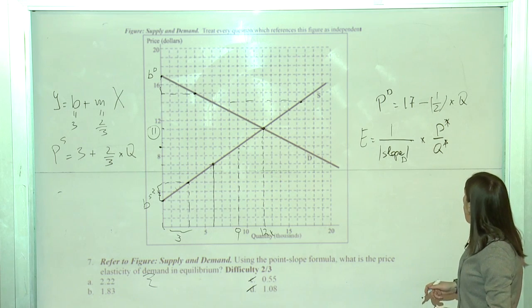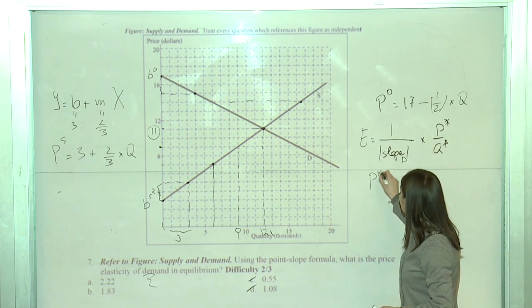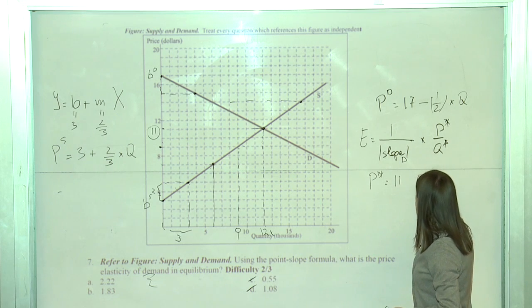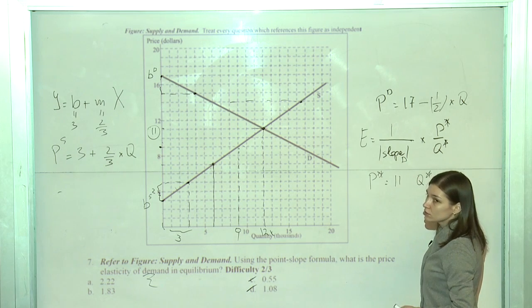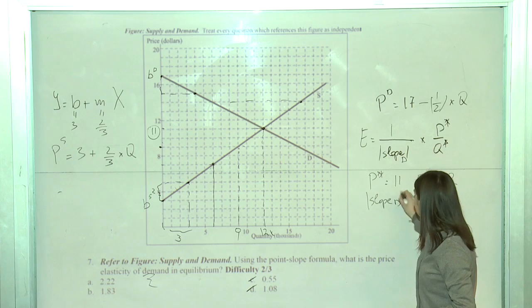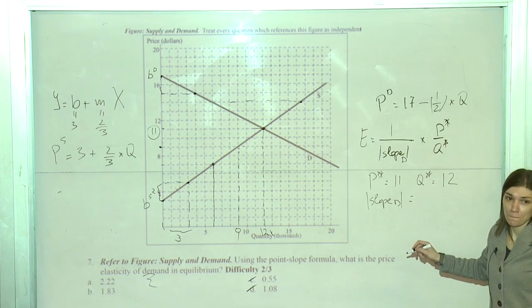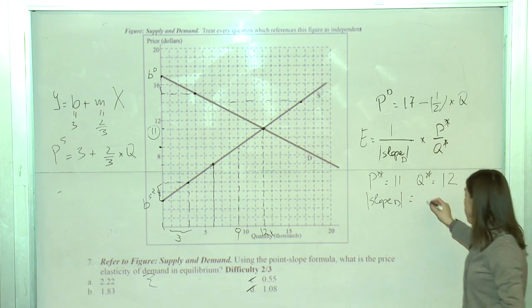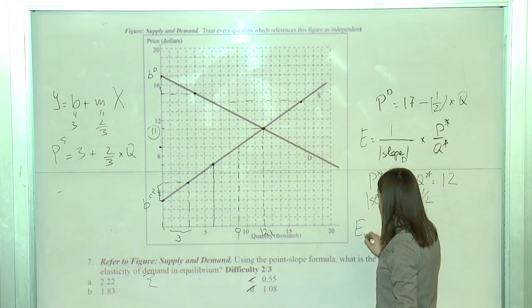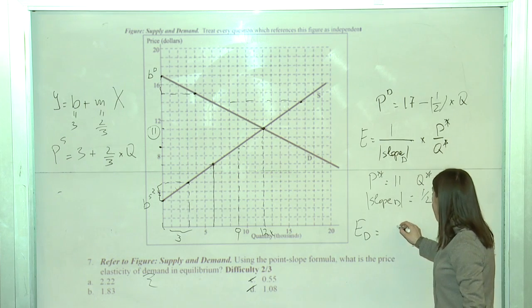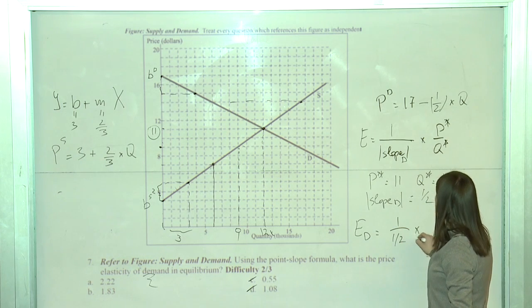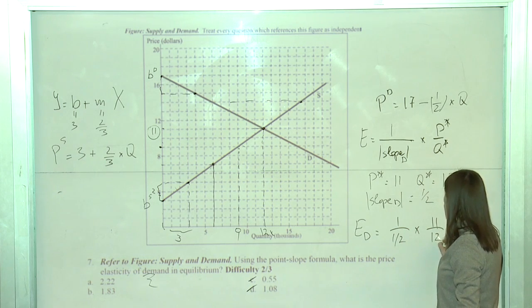Now we actually know all of this. What's the price in equilibrium? 11. Quantity? 12. And what's the slope of the demand curve in absolute value? We just did it, 1/2. Now plug in and solve. The point elasticity of demand at equilibrium is 1 over 1/2 times 11 over 12.